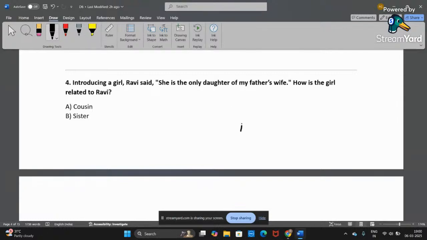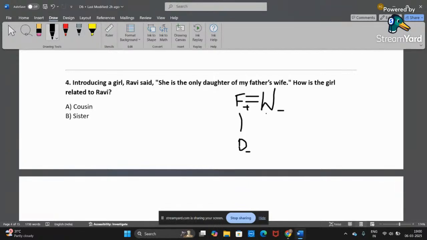She is the only daughter of my father. Father we indicate with plus and daughter with minus, because for female we are indicating with minus, for male with plus. Father's wife: we are indicating the relationship between father and mother with the equal symbol. He is telling she's the only daughter of my father's wife.